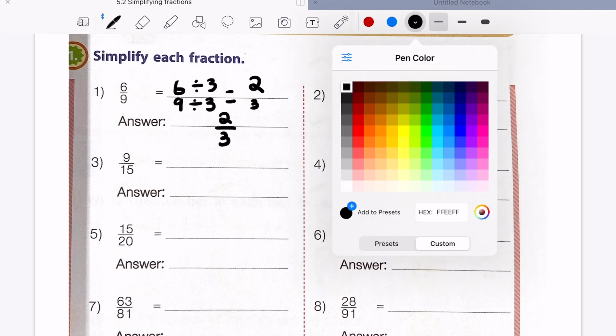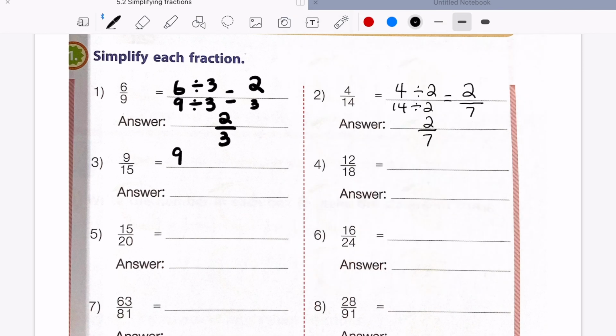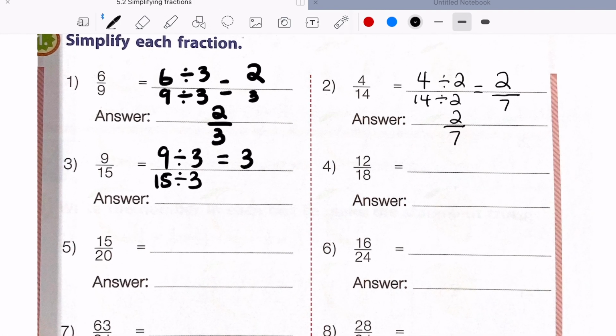So let's try 9 divided by 3 equals 3. 15 divided by 3 equals 5. So we can just write the answer as 3/5. Very good. Awesome.